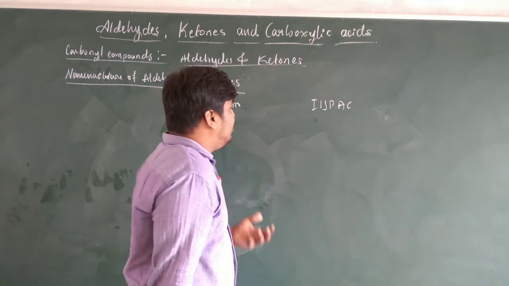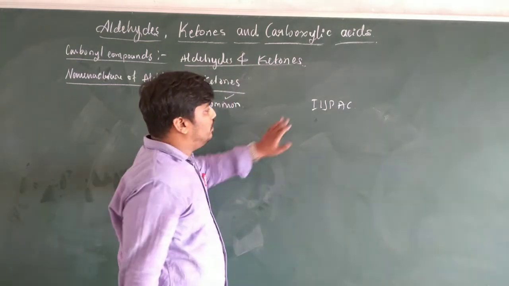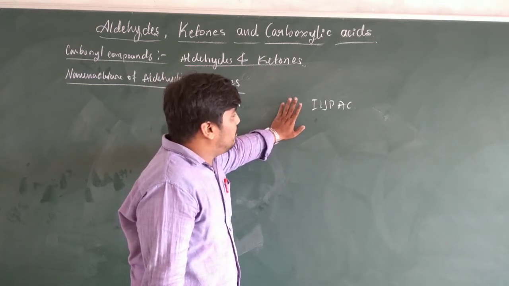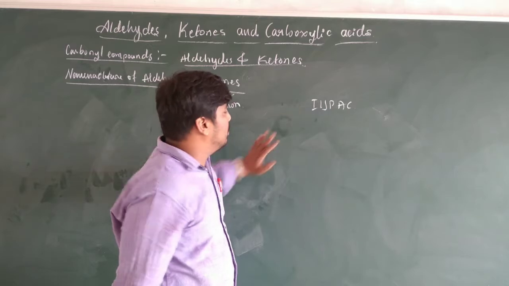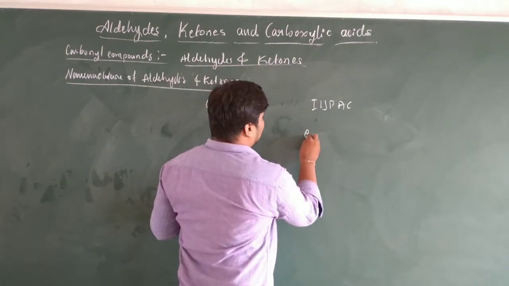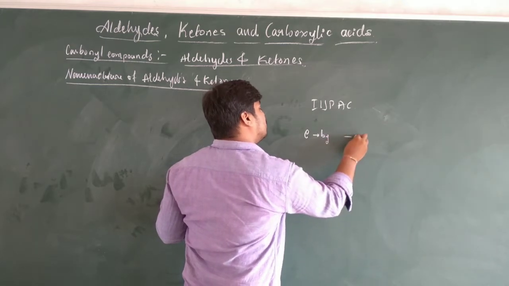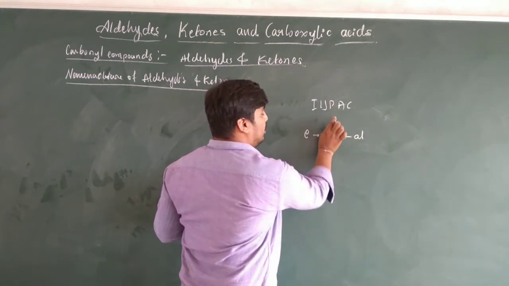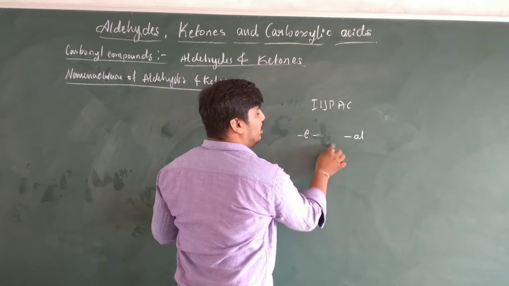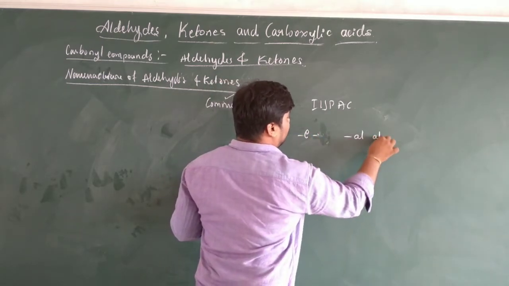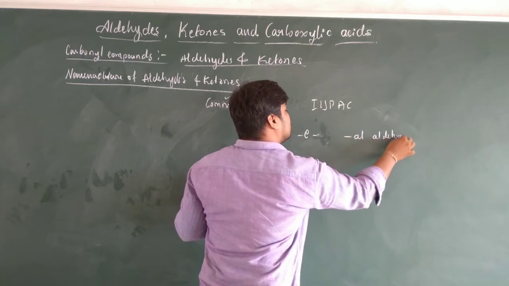Next, what is the importance in the IUPAC system? In the IUPAC naming system, for an aldehyde we replace the E by Al.